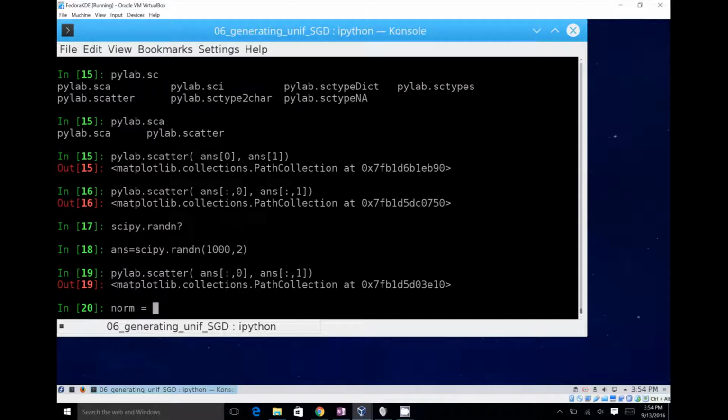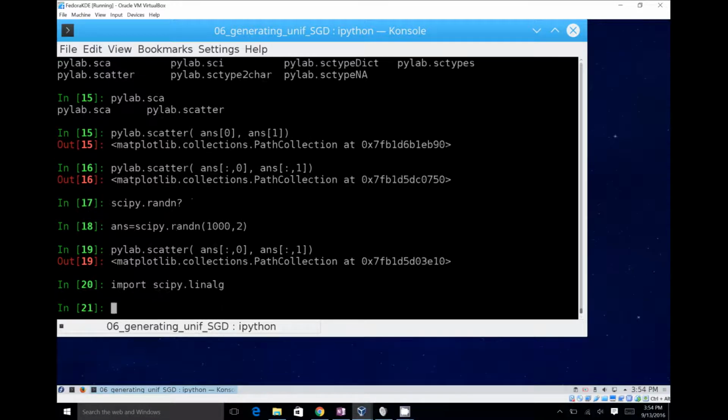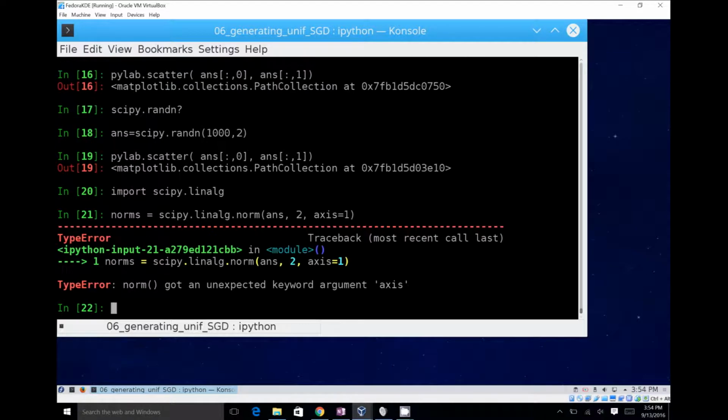So let's just import SciPy linear algebra, and then the norms are going to be SciPy linear algebra norm of this answer, and I want the 2 norm, and I want it along the first axis.